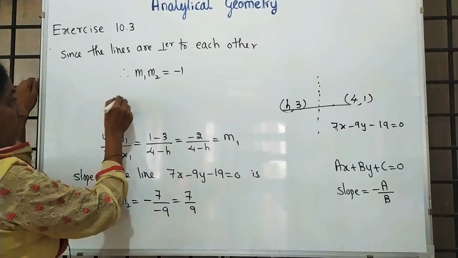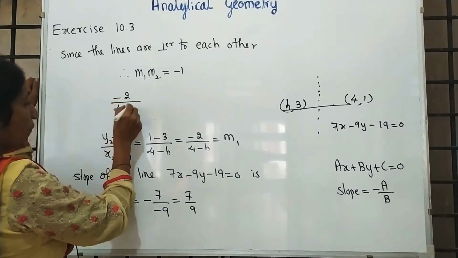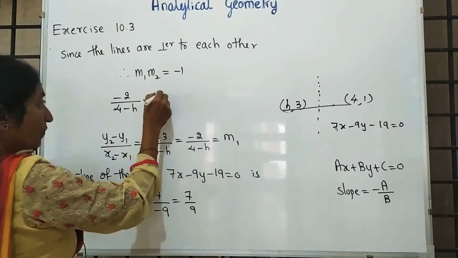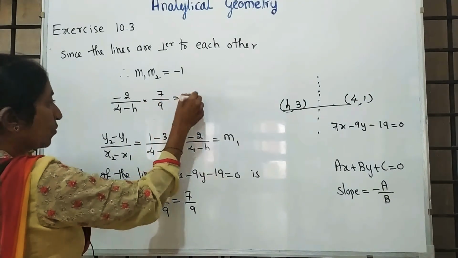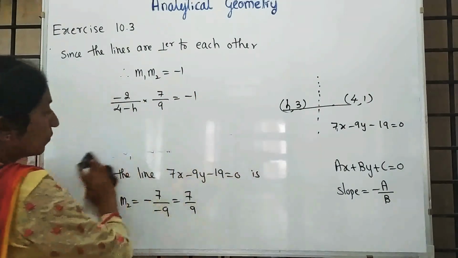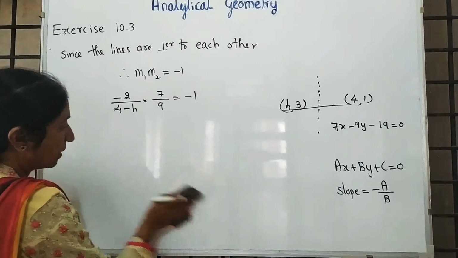What is m1? Minus 2 upon 4 minus h into 7 by 9 is equal to -1. On both sides the minus gets cancelled.